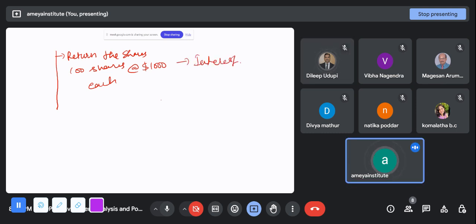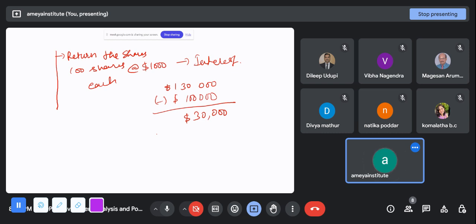So now let's calculate what is my profit, what is my loss here. How much did we invest in total initially? We have invested 1,30,000, right? Now I'm returning these shares at a total of 1 lakh rupees. So what is the difference here? $30,000.